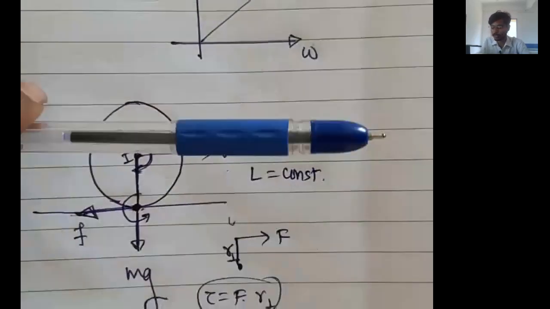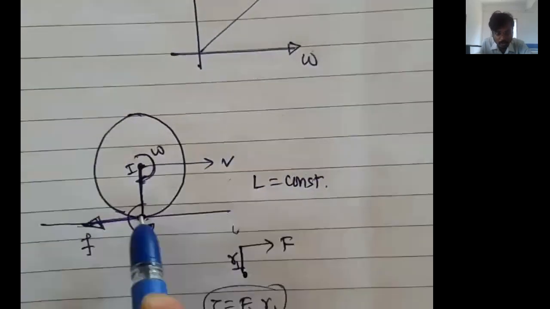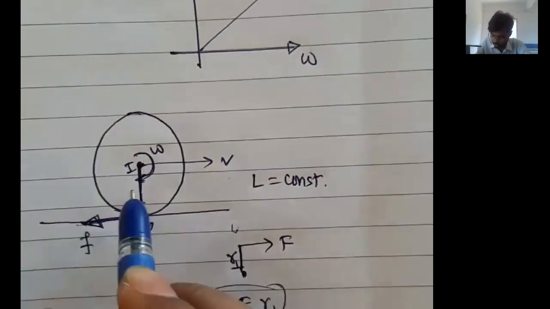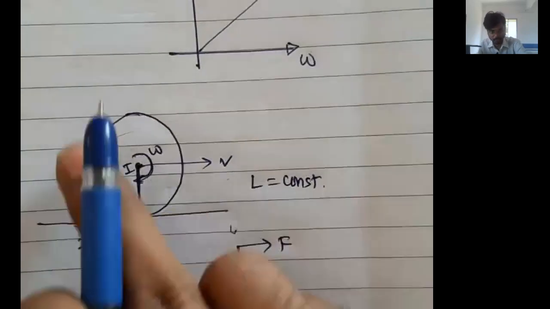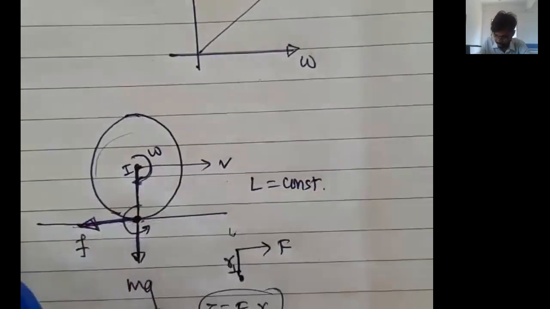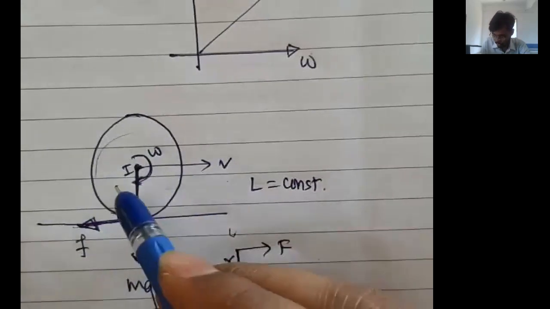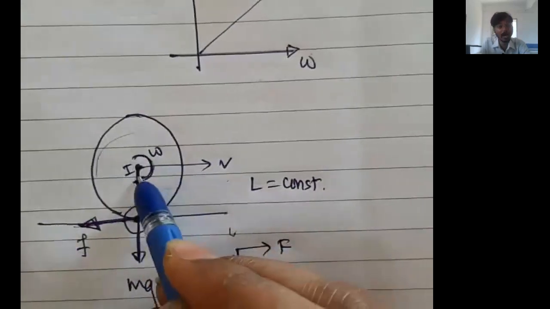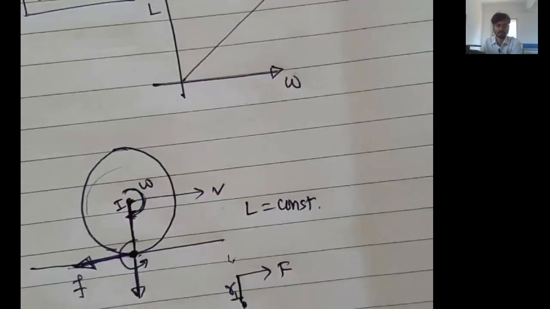But try to understand here, because of this frictional force, there is one anticlockwise torque. If this is an object and this is the force on the object, because of that there will be some anticlockwise torque. And because of the anticlockwise torque, this anticlockwise omega will increase, because omega and torque are both in the same direction.